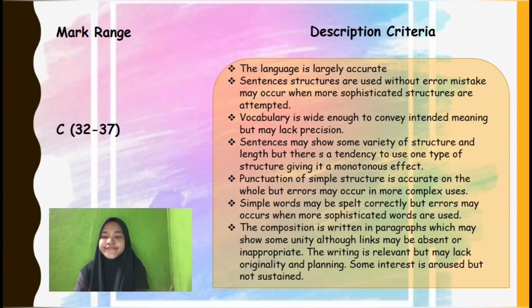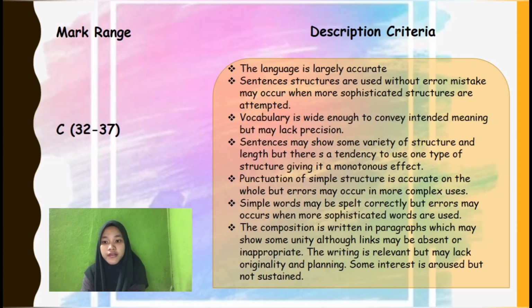Okay, the next one is C, 32 to 37. The language is largely accurate. Sentence structures are used without error, and vocabulary is wide enough to convey intended meaning, but may lack precision.